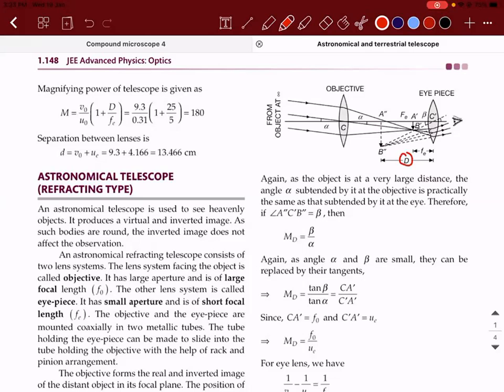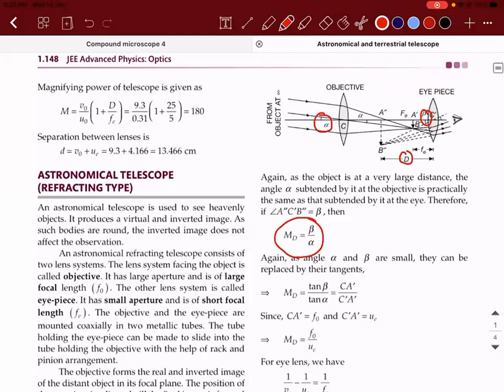Here, if you observe, this angle is alpha and this angle is beta. The magnification produced by the telescope when the image is formed at the least distance of distinct vision is beta by alpha, that is tan beta divided by tan alpha. So what is tan beta?